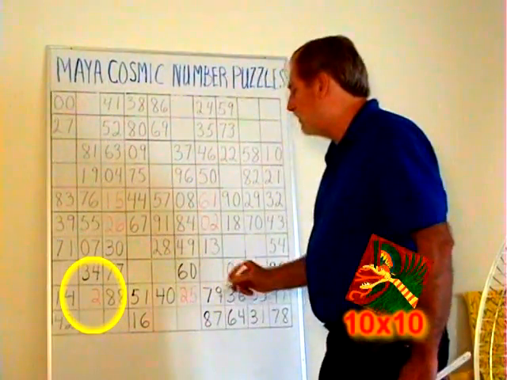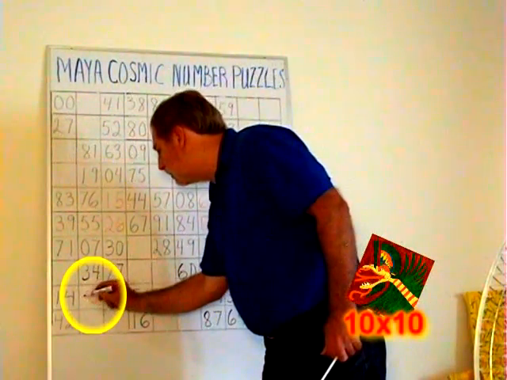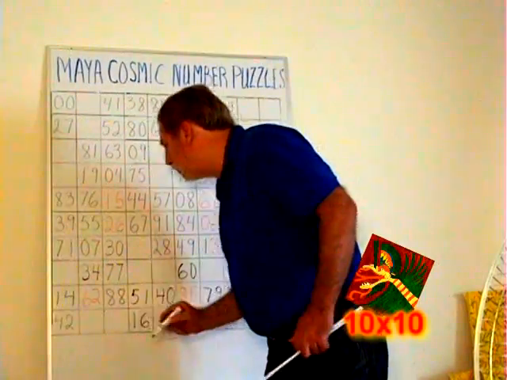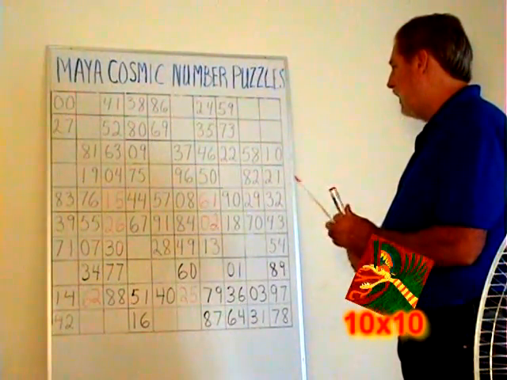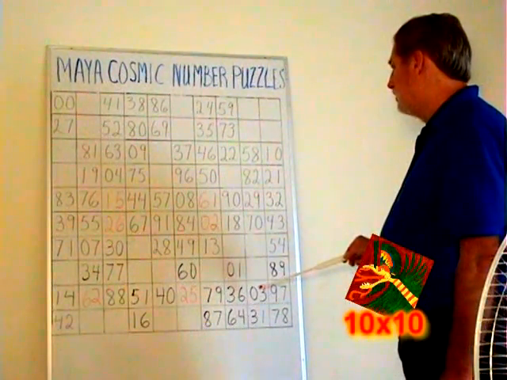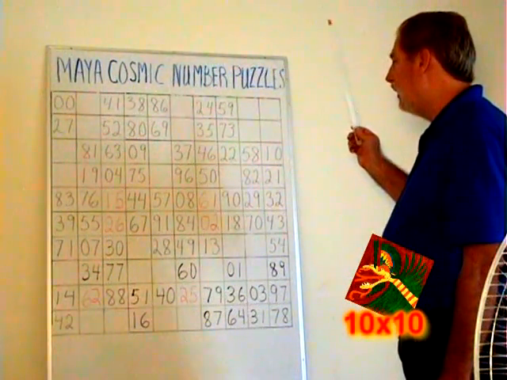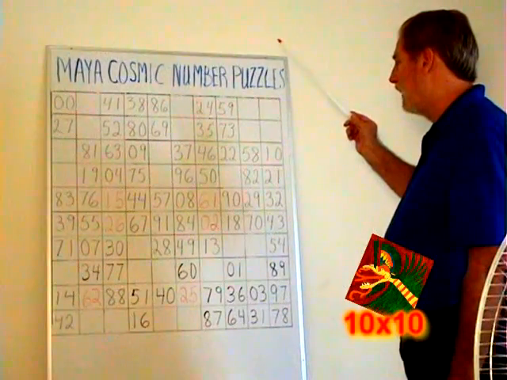And that would mean that the 6 would be placed here. Now we've completed 3 rows, and we look around to see what else we can solve.